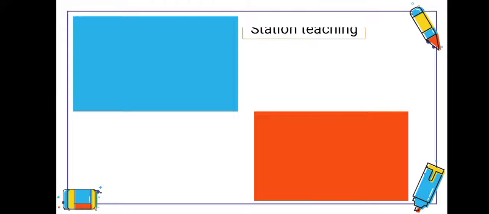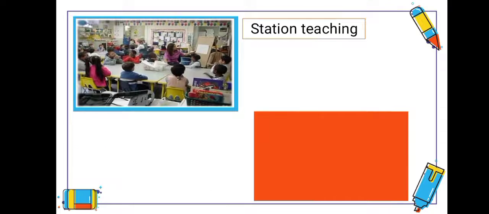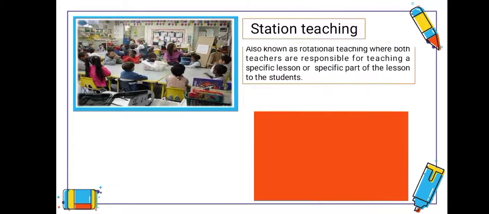Next is the station teaching. This station teaching is also known as rotational teaching, where both teachers are responsible for teaching a specific lesson or a specific part of the lesson to the students. Station teaching is a rotational teaching.